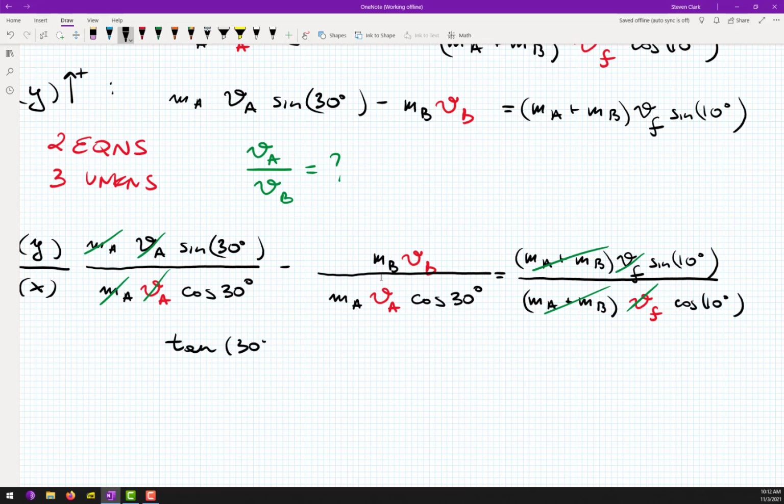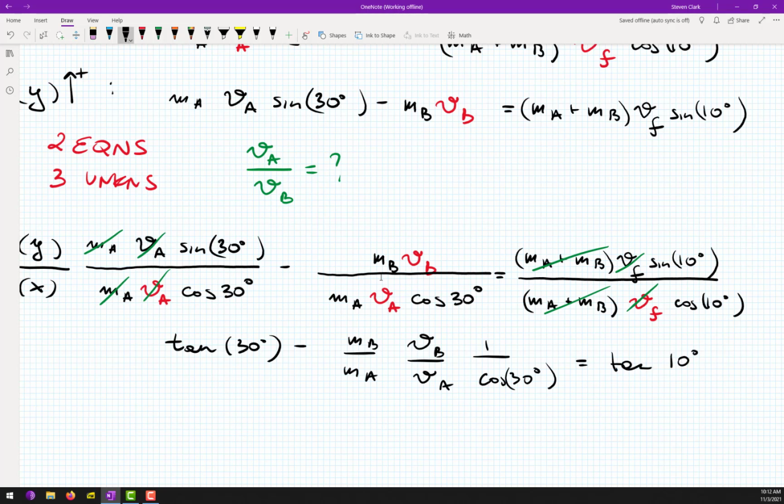Wow. And we end up with tan 30 minus (MB over MA) times (VB over VA) times 1 over cosine 30 is equal to tan 10 degrees. Okay, so this is the only unknown, as you can see, guys.